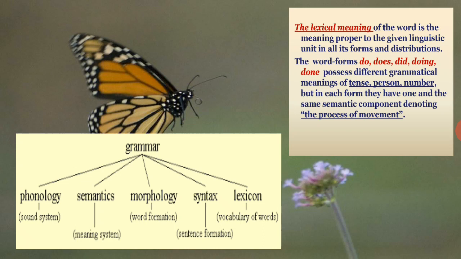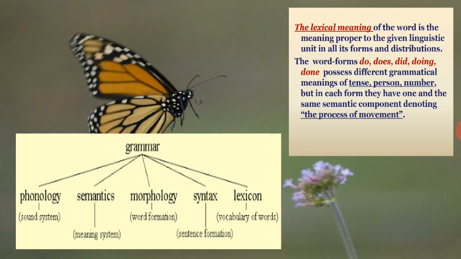It possesses different grammatical meanings of tense, person, number. But each form has one and the same semantic component, denoting the process of movement. So simply we can say that lexical skill is like a dictionary. It is coming under the category of grammar.